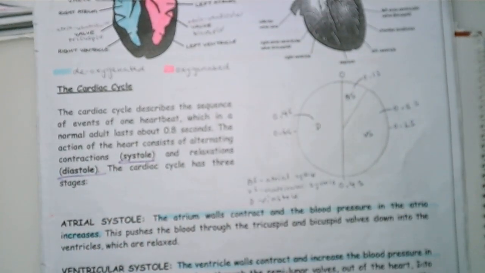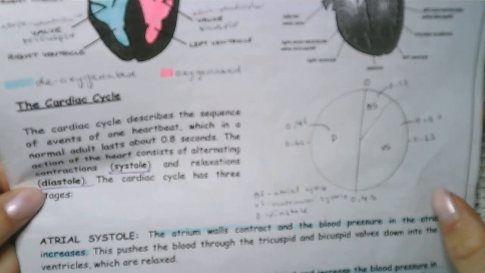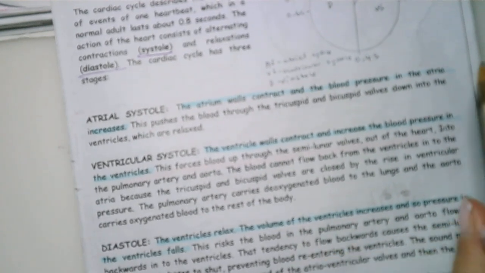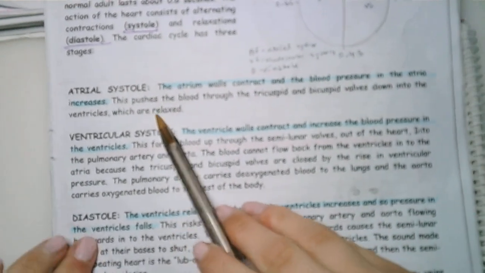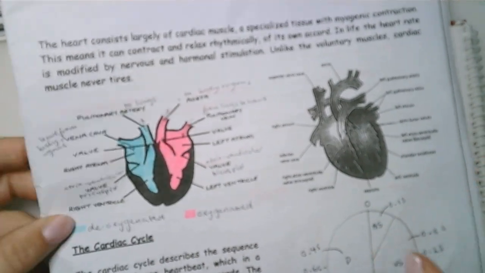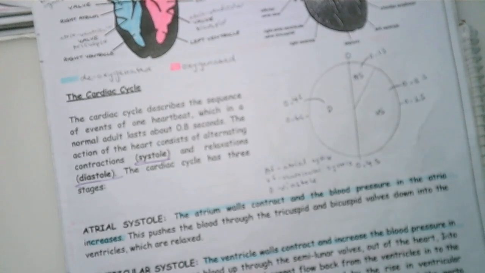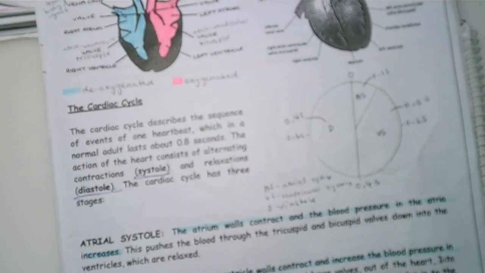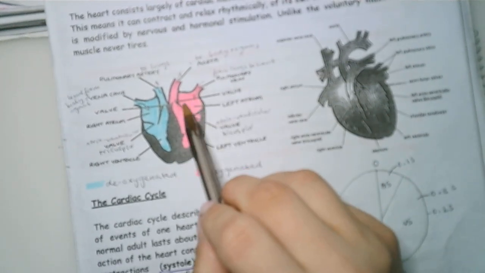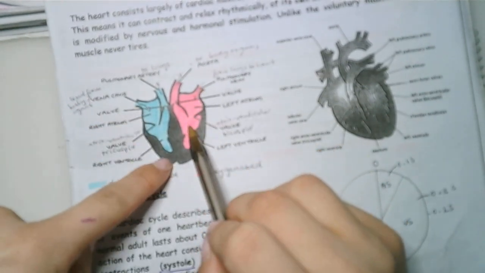And there are 3 stages: atrial systole, ventricular systole, and diastole. Atrial systole is where the atrium walls contract, and the blood pressure in the atria increases, and that pushes the blood through the tricuspid and bicuspid valves down into the ventricles. So these contract and push blood down into these.